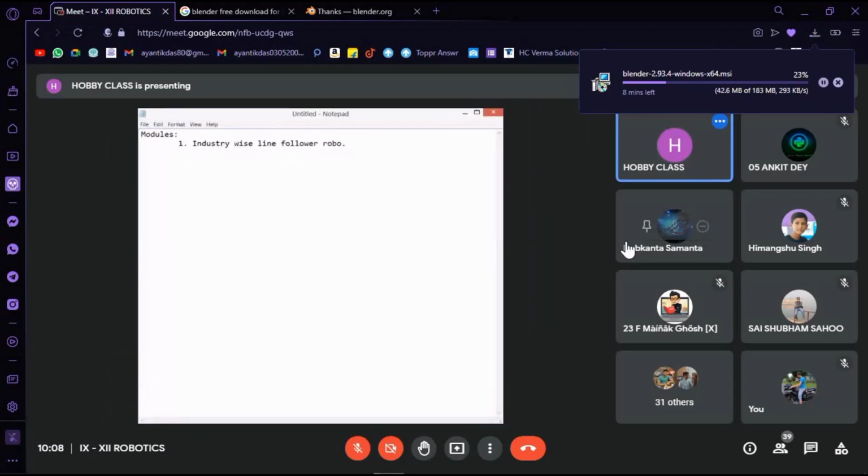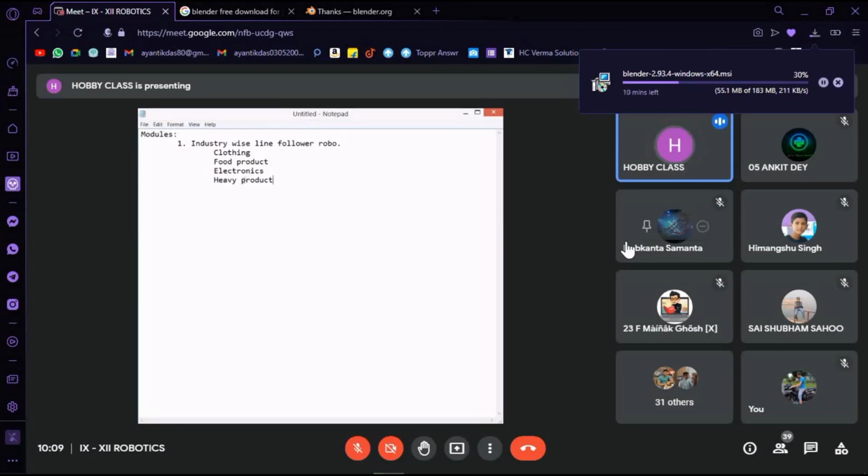What extra? Sir, it will go from one industry to another industry via road. So, like this, for different industries, our robot will work in a demo version.